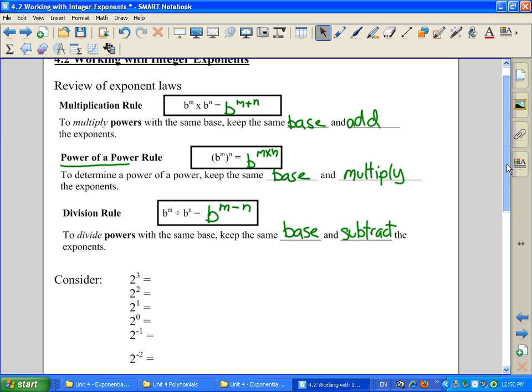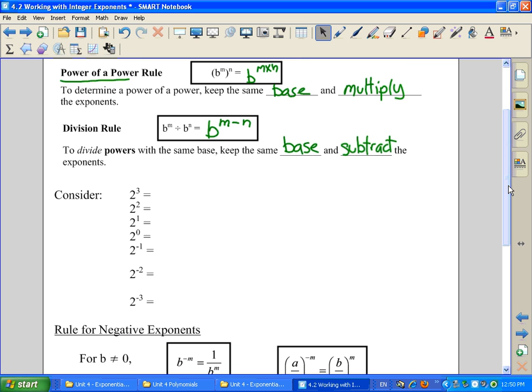Okay, to help us develop a pattern for our negative exponent laws, let's just quickly do a recap of some patterning here. 2 to the power of 3 is 8, 2 to the power of 2 is 4, 2 to the power of 1 is 2. Again, we've learned that 2 to the power of 0 is 1. Before we finish the rest, let's see what's happening each time.